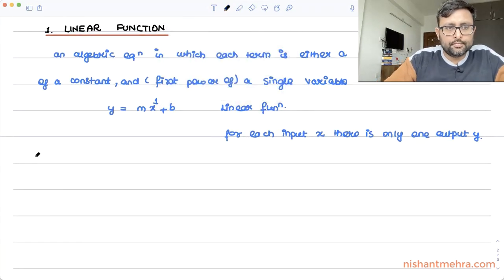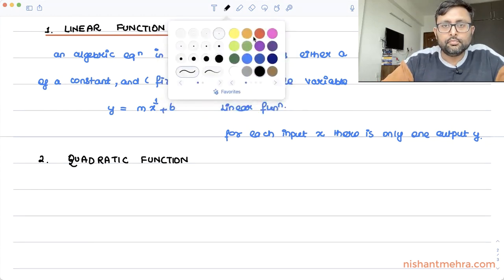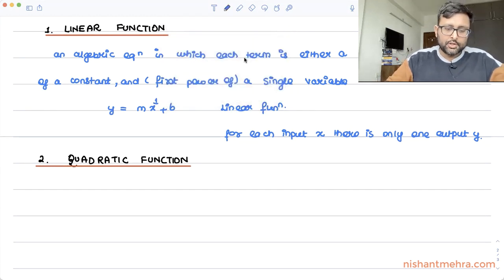Second one is a quadratic function. It is a polynomial function with one or more variables in which the highest power is 2.